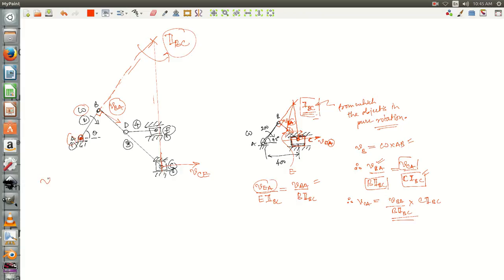Hence, velocity of B with respect to A divided by B I_BC is equal to velocity of C with respect to A divided by C I_BC.